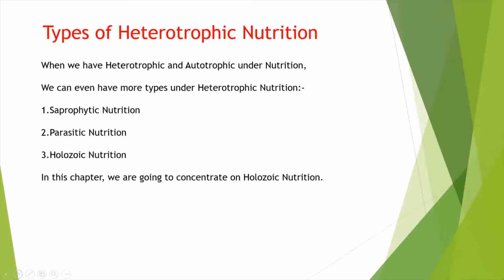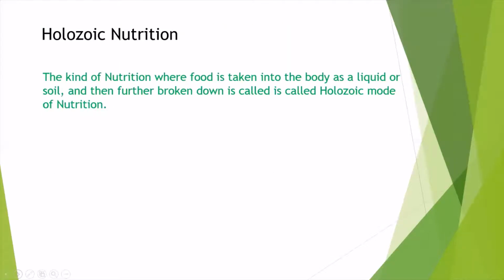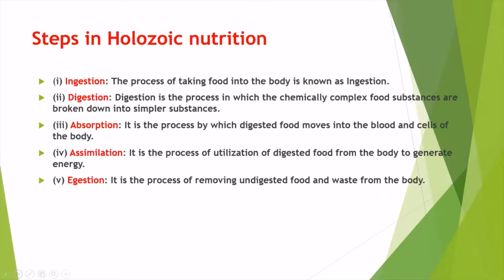In this chapter, we are going to mainly concentrate on holozoic nutrition. Holozoic nutrition is the kind of nutrition where food is taken into the body as a liquid or solid and then further broken down.